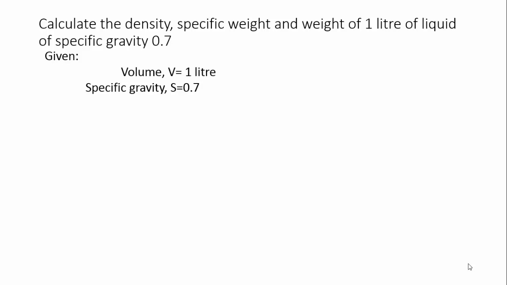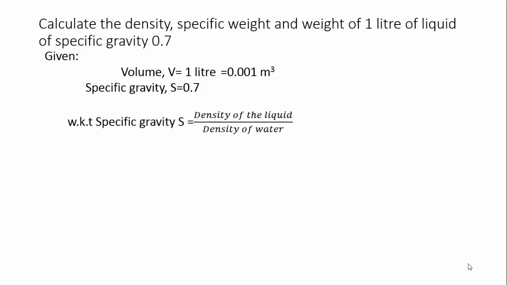As we have converted in the previous case, now also we have to convert the liter to meter cube. We know 1000 liters is equal to 1 meter cube. So 1 liter is equal to 0.001 meter cube. Then we have to find out the density first. So we know the formula for specific gravity. Specific gravity is equal to density of the given liquid divided by density of water.